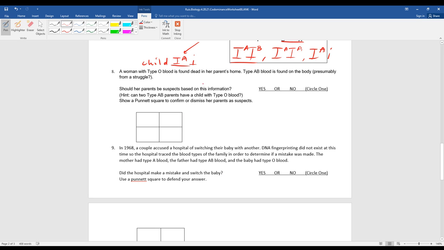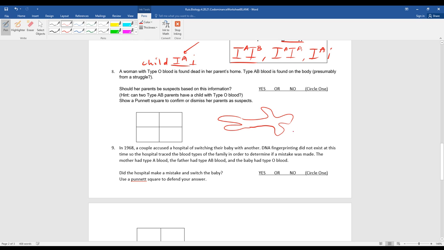A woman with type O blood is found dead in her parents' home. Oh no. Type AB blood is found on the body, presumably from a struggle. Should her parents be suspects based on this information? Okay. So let's see. A woman with type O blood is found dead in her parents' home. So we know that. So let me draw a little. Here's the chalk outline.